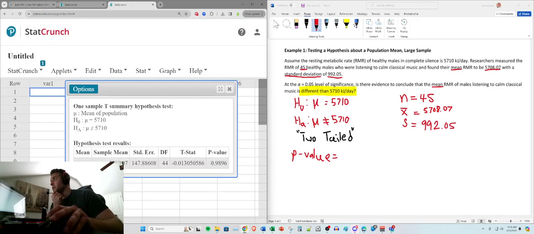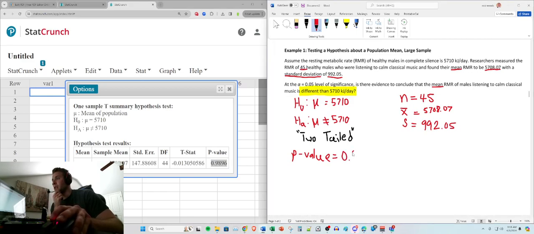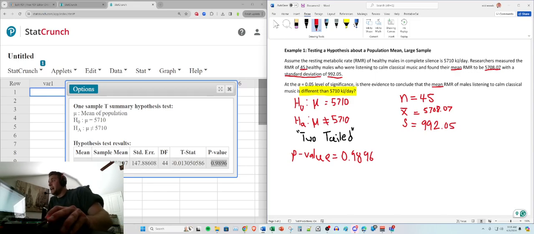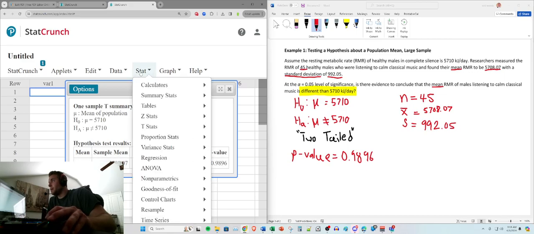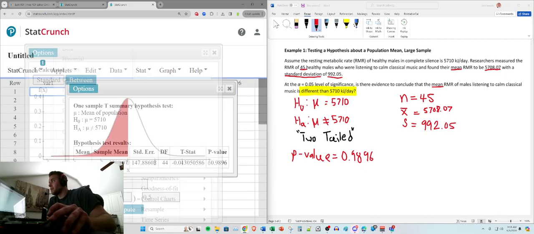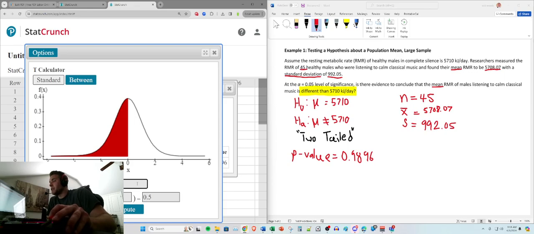This gives us a p-value of 0.9896. I think I said that backwards. Right here, this t-stat, by the way, is the z-score. If I go to my t calculator, the degrees of freedom for this is n-1, so this is 44.